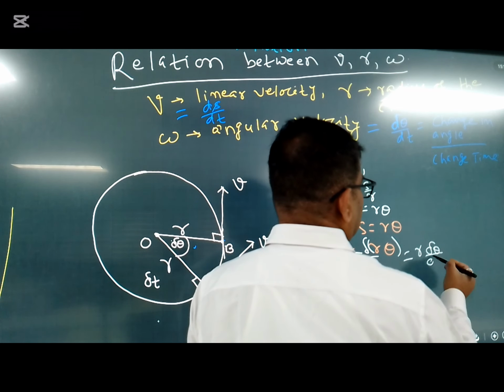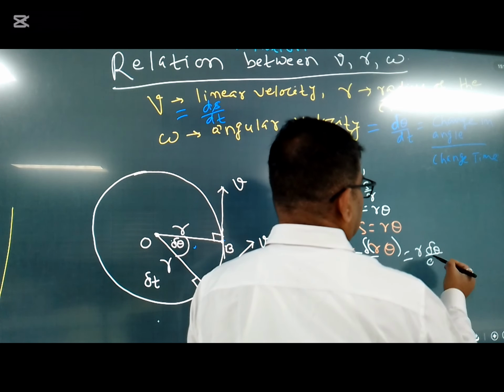As t goes towards 0, this del theta is also going towards 0. It's not in fact 0 but going towards 0. Hence, if this length is del S, it also tends to 0. That means point A and B coincide with each other when the limit has been reached.